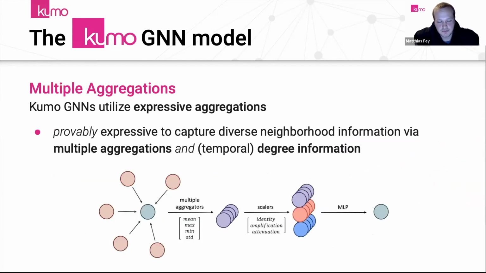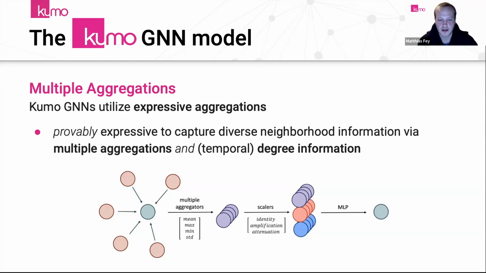The next thing I wanted to point out is related to the usage of expressive aggregation, and that refers to the fact of using multiple aggregations, which we found super crucial in obtaining good model performance. This concept is known as being provably expressive to capture diverse neighborhood information.